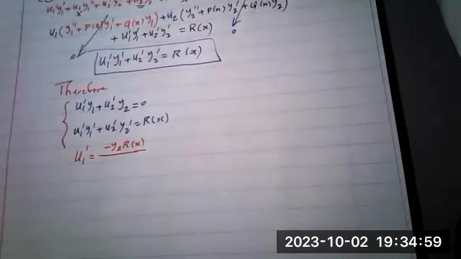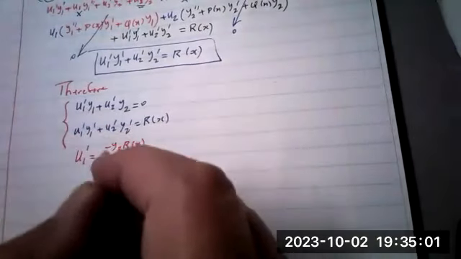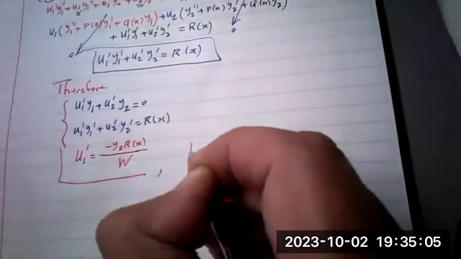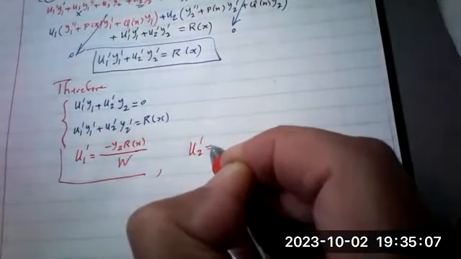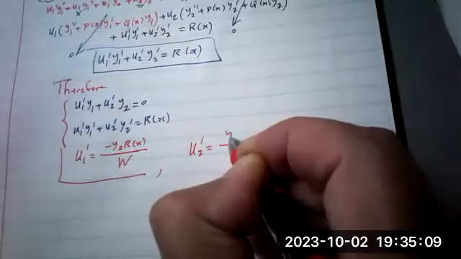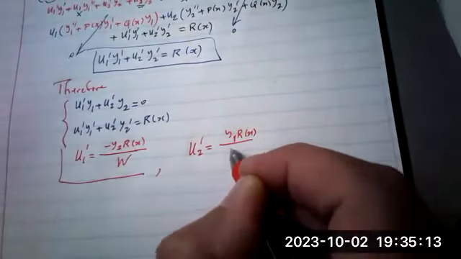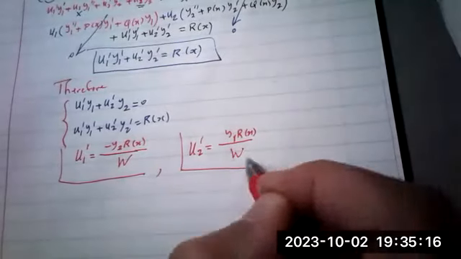Okay, the bottom one would be the Wronskian of these two. So that's going to be u1 prime, u2 prime. u2 prime would be y1 times R(x) over the Wronskian here.